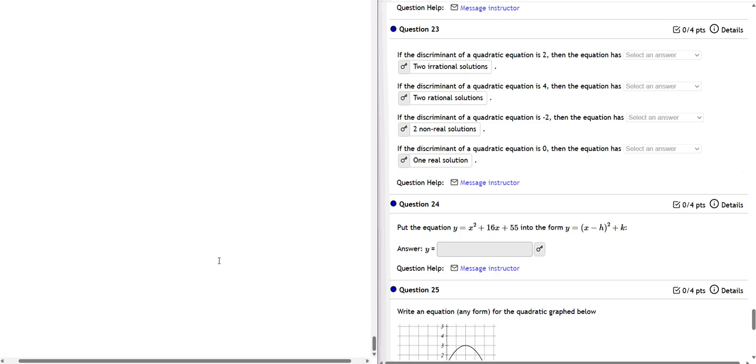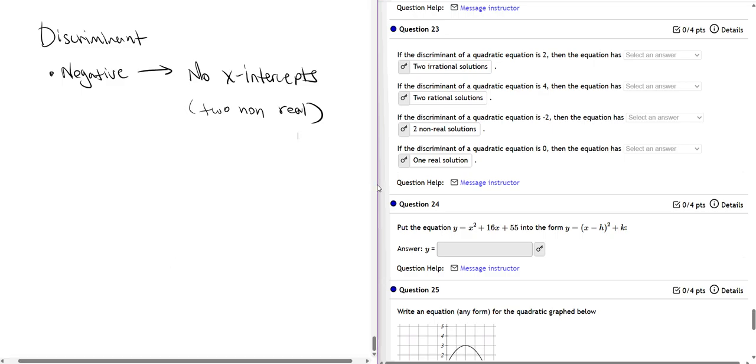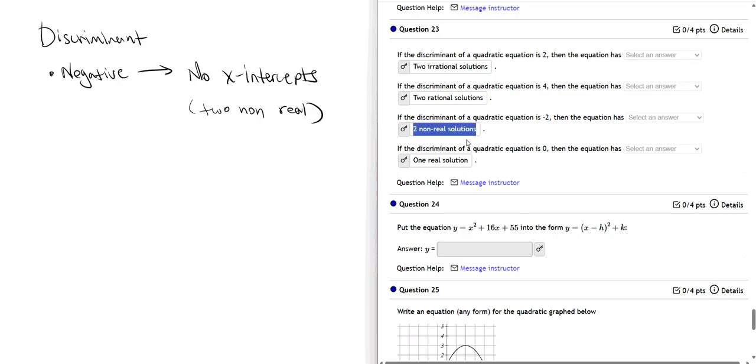So if I know the discriminant is negative, I know I'm not going to have any x-intercepts because I'm going to have two non-real zeros, okay? And that's why if the discriminant was -2, you would have two non-real solutions, right?